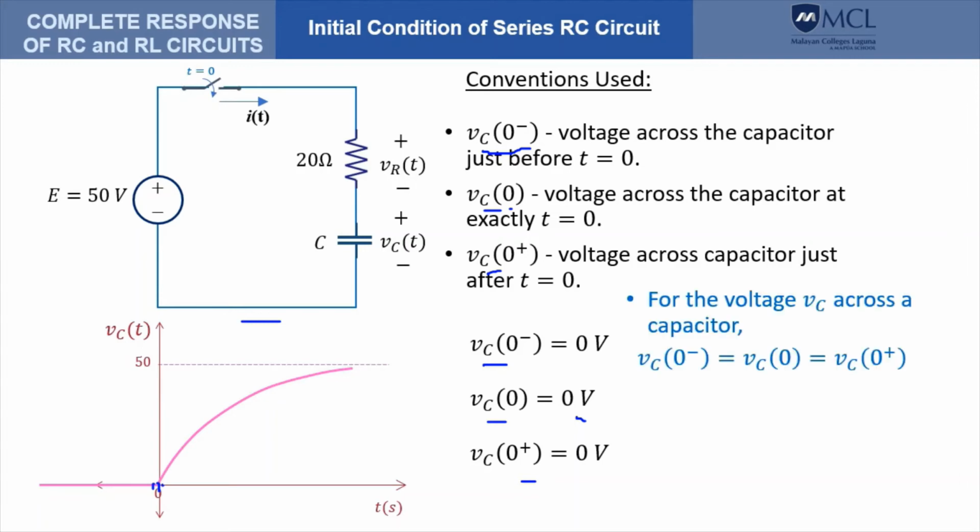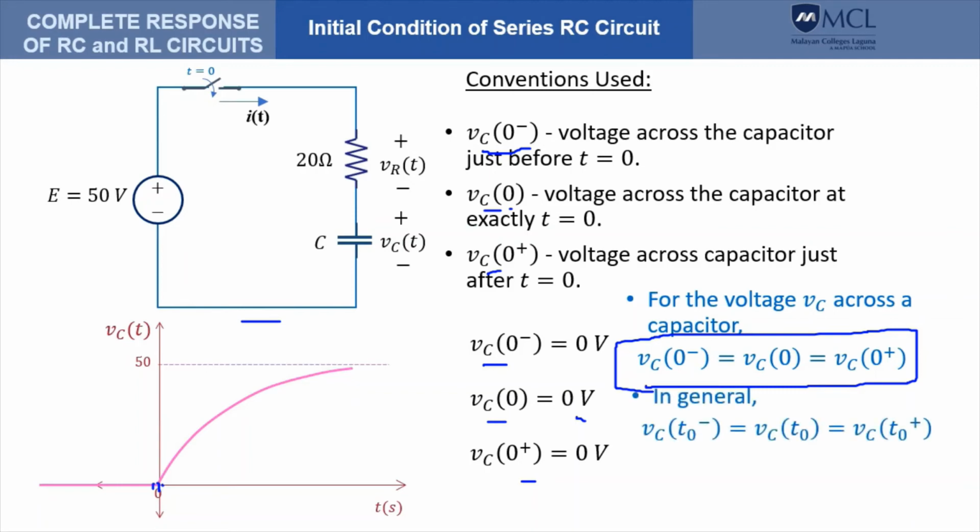For a series RC, the magnitude of the voltage across the capacitor is always the same just before, during, and just after the change is applied. Now, the time when the changes are applied may not be t equals 0.